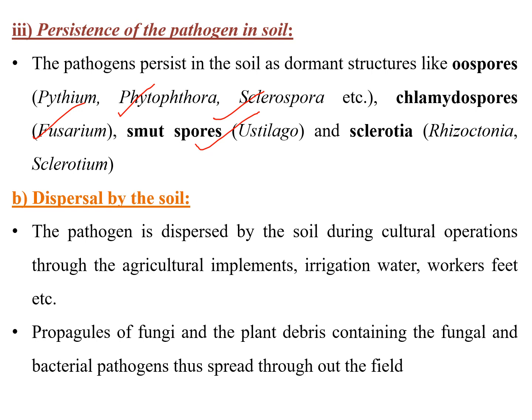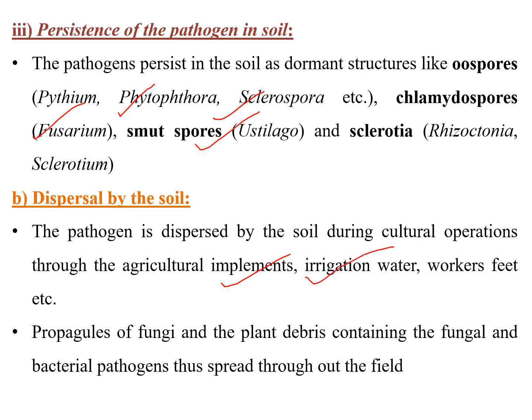And the second category: now we discussed dispersal in the soil. Now we will discuss dispersal by the soil. So how does dispersal by the soil take place? The pathogen is dispersed by the soil during normal cultural operations through agricultural implements, irrigation water and workers' feet.